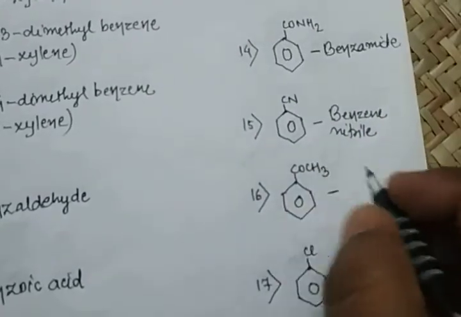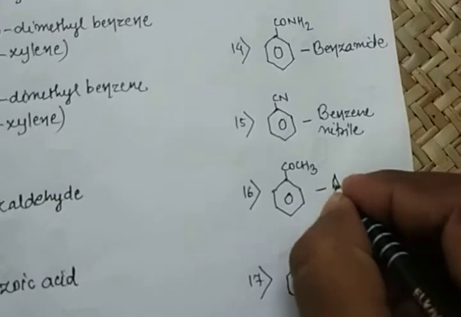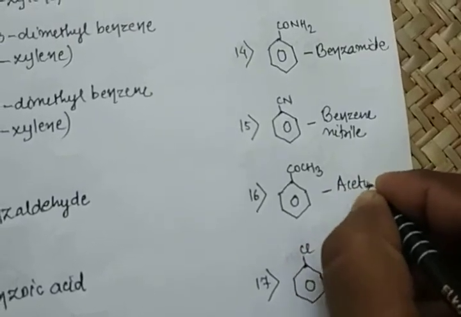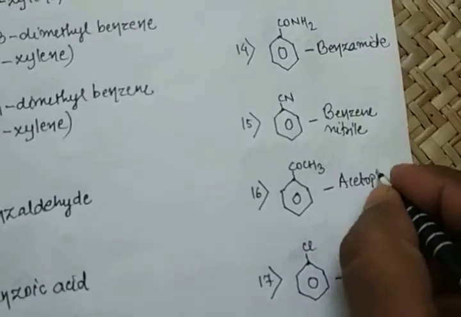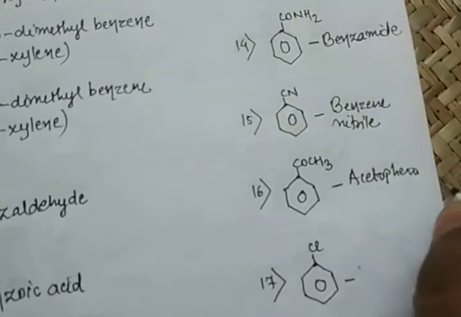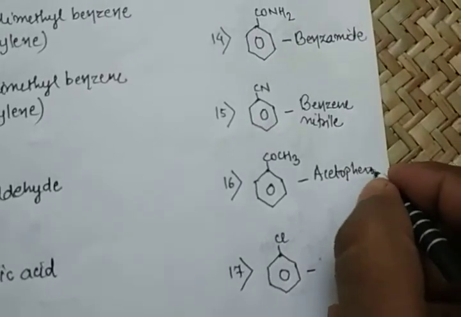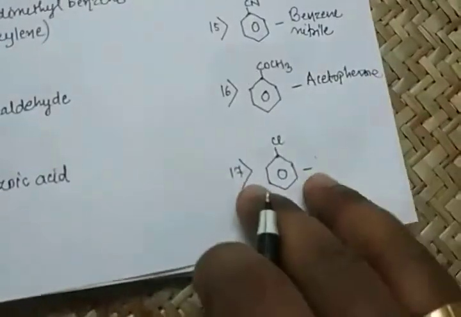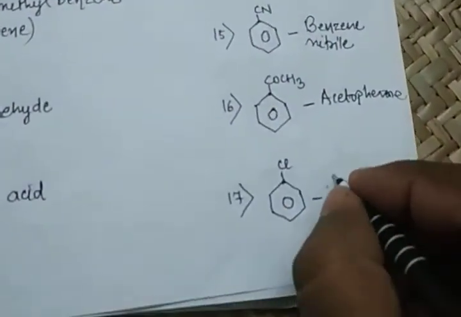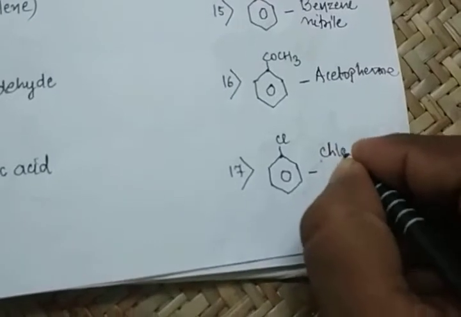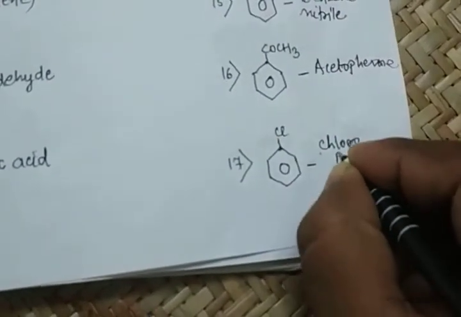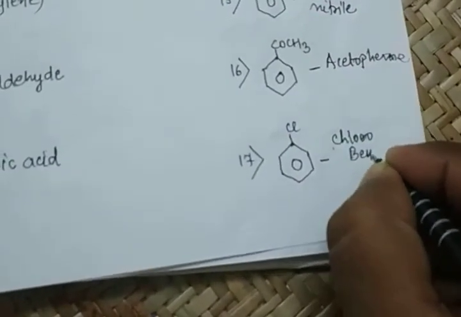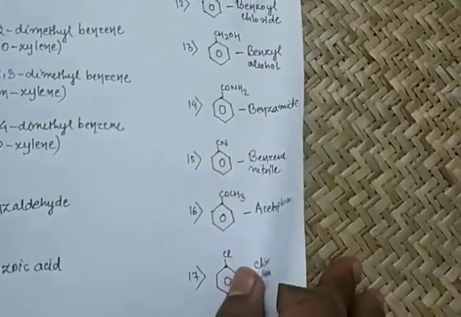Ring attached with COCH3 group, it means acetophenone. Ring attached with Cl, it means chlorobenzene. Clear? Okay. Now these are the 17 examples.